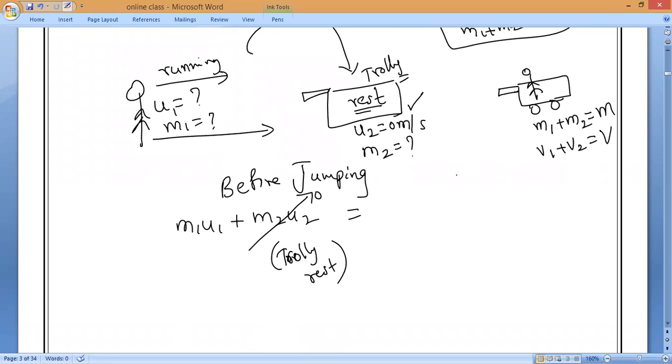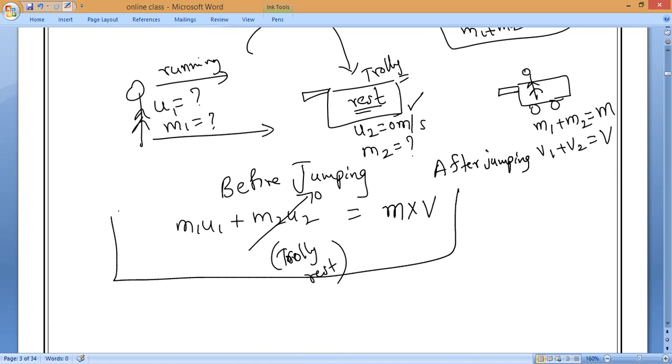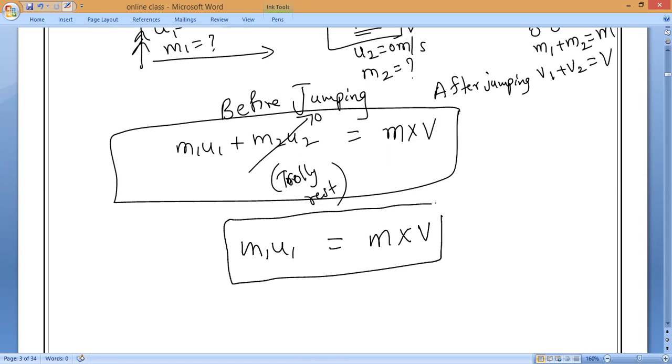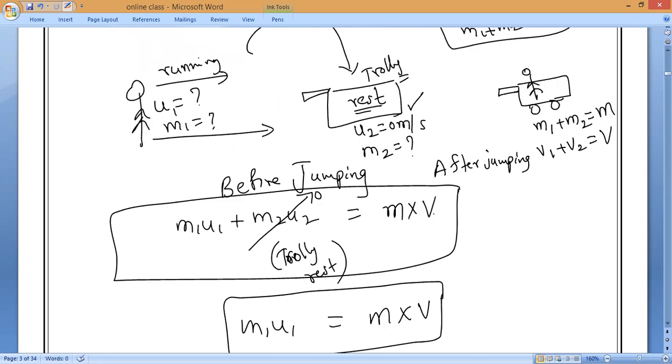After jumping, it turns into common mass into common velocity. So the momentum of the girl before jumping equals mass of trolley plus girl into velocity of trolley plus girl after jumping. That is the formula. Please all of you note it down.